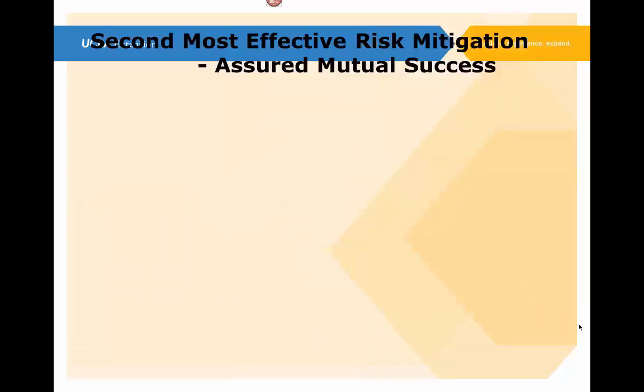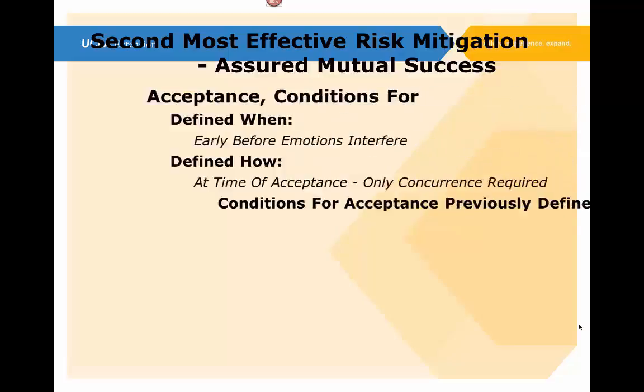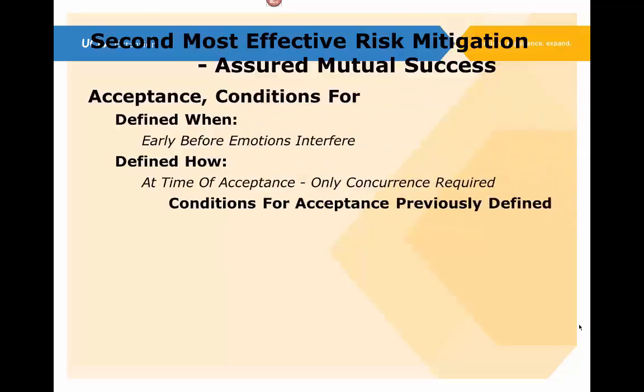Okay? So what we really want to do is keep it simple, have a straightforward and thorough planning. Then we want to have a really effective risk mitigation scenario set up to assure our mutual success. We want to make sure that we've got acceptance defined. What are the conditions for acceptance?